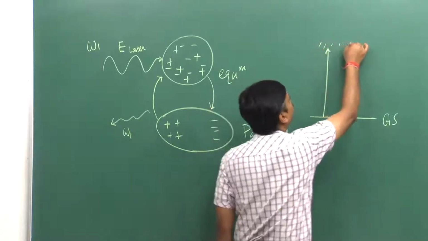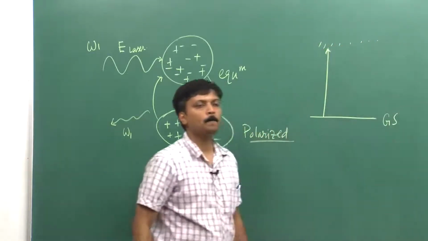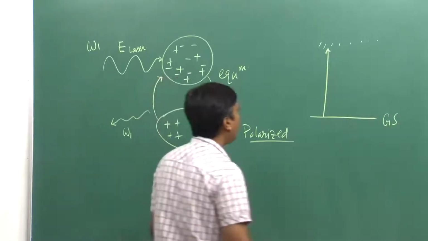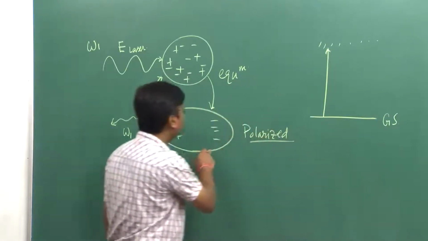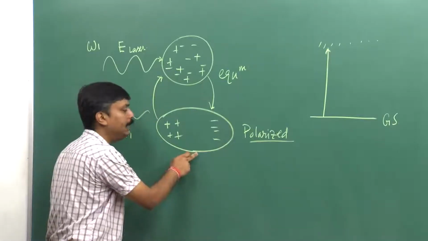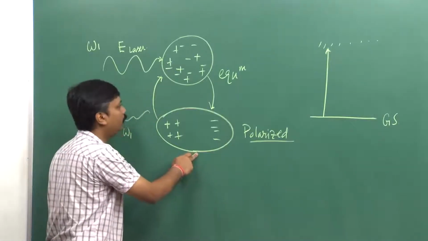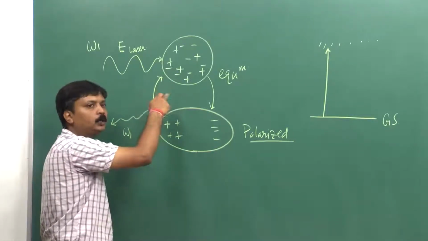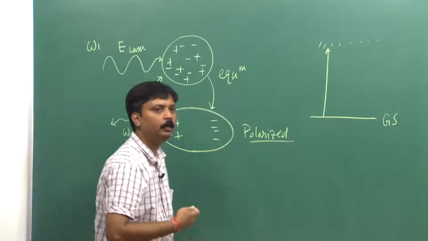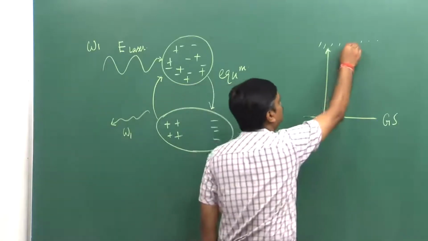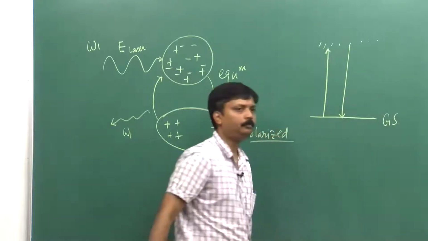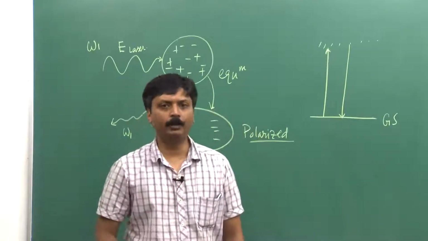We normally depict that by a dashed line, which we call a virtual state, and because it will not stay in this non-equilibrium state for a long time, it will revert back to its isotropic condition, which is a stable equilibrium condition, and the result is getting back the same frequency of light.